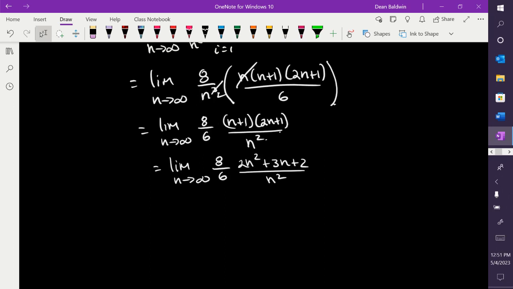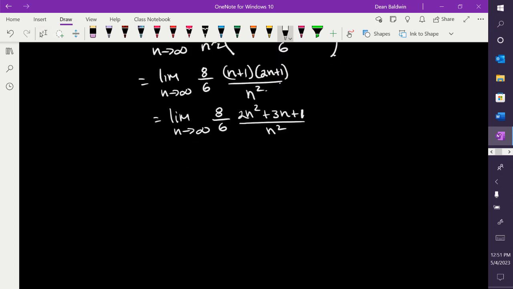Plus 1. It is plus 1. 1 times 1 is not 2, people. Okay, you can pull constants out of limits, right? So the 8 over 6 is coming out. And with a single denominator, I'm going to rewrite it under each one. Again, I'm showing a lot of steps. You can do this in fewer steps.